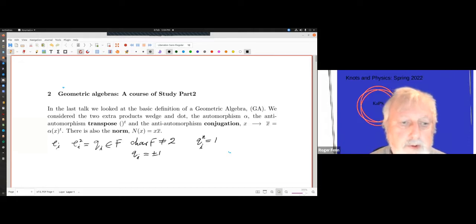And of course, different generators anti-commute. So that's the other thing. E_i E_j is minus E_j E_i, provided i is not j.